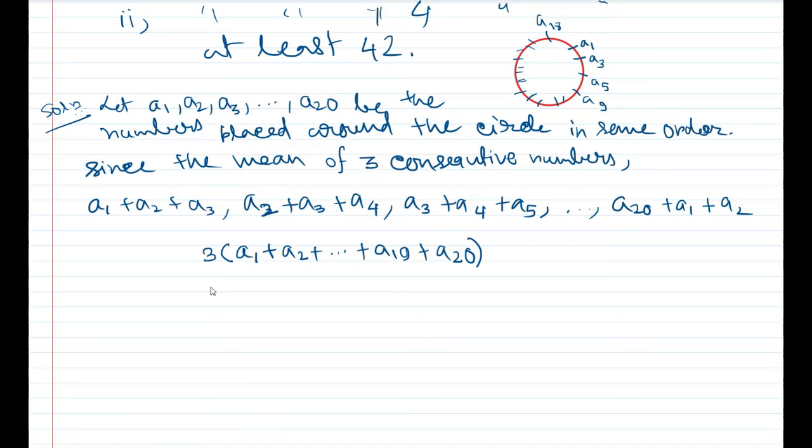Okay, see here, A3 is occurring 3 times, 1 2 3. Similarly A1 is occurring 3 times. And the previous term of this sum is A19 plus A20 plus A1.